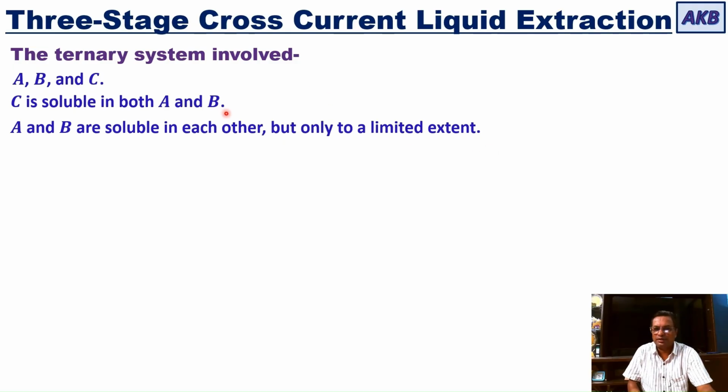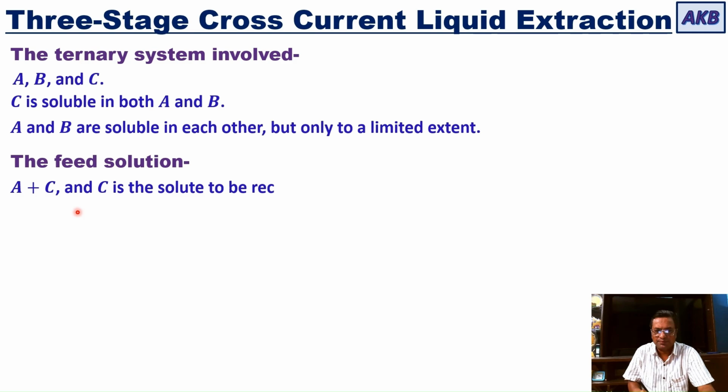C is soluble in A and B, which are partially soluble in each other. The feed solution in this case is A plus C, where C is the solute to be recovered.